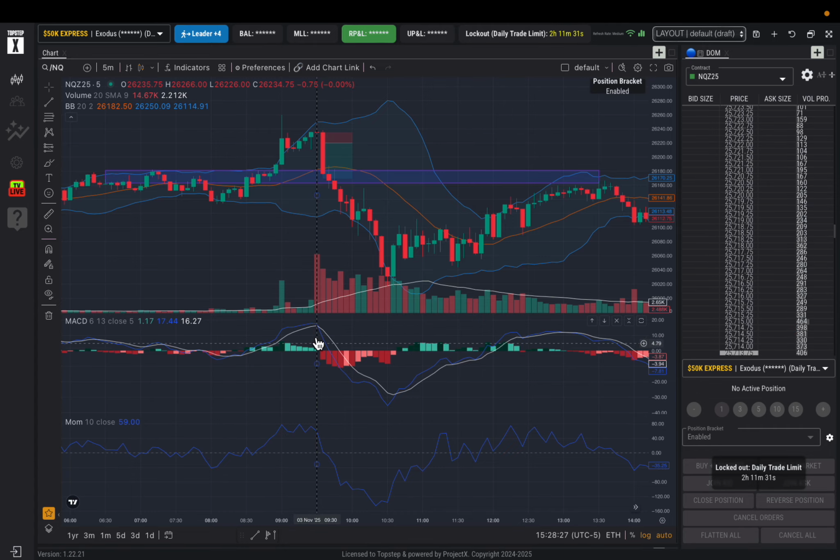When I saw that, and I saw the reversal of the two lines right here go to the downside, that was my indication that this market is going to drop. So I set my trade right here. I did a 6% stop loss and 19% profit gain. And I'm pretty sure I won this trade.